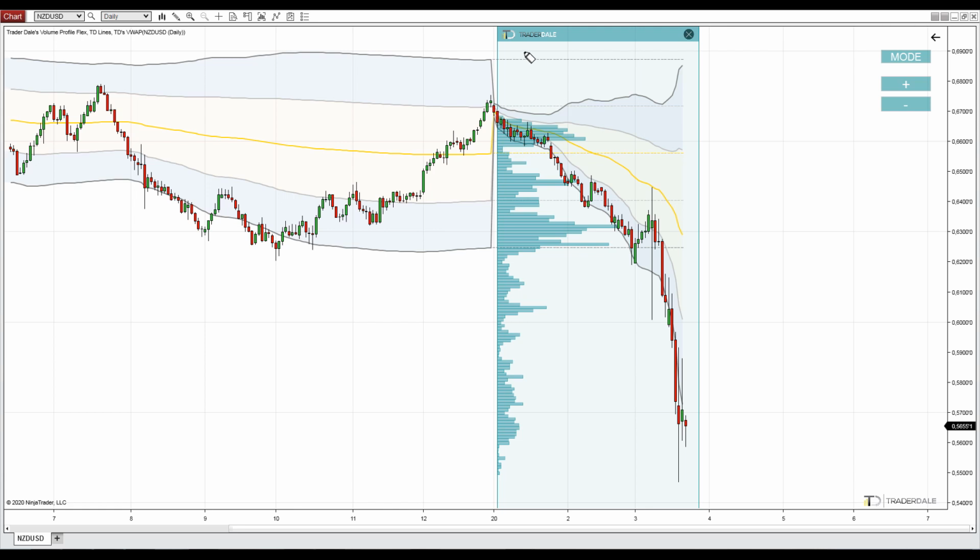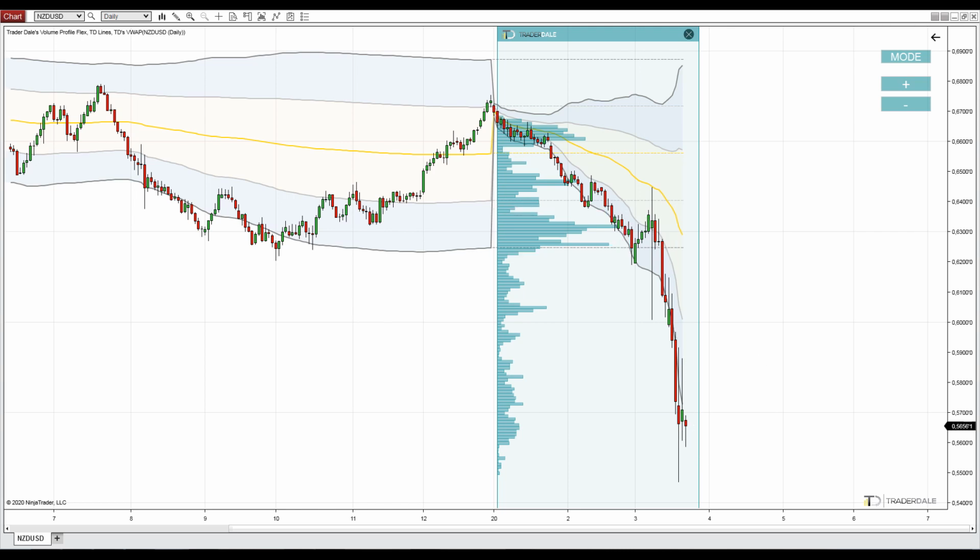What I did was I used my flexible volume profile indicator over this whole downtrend area. If you look at the histogram, you can tell that the most significant volume area is this volume cluster, which got created in this little rotation, right before the start of this crazy strong selling.